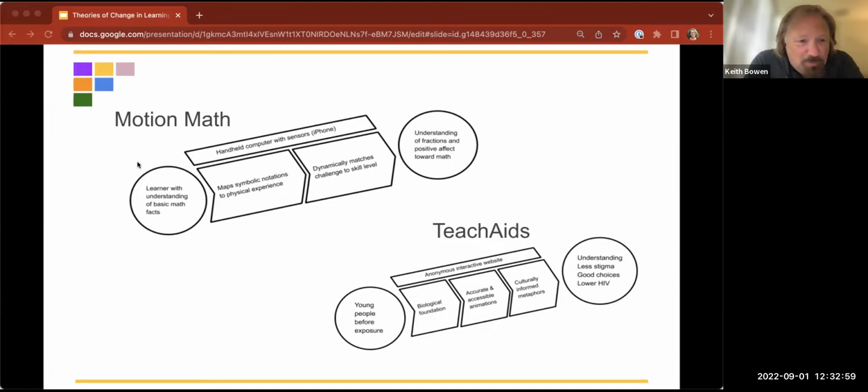So well-constructed theories of change that are developed over time through familiarity with the empirical science of learning and refined through rigorous prototyping and testing lead to these well-informed designs for addressing the learning problem.